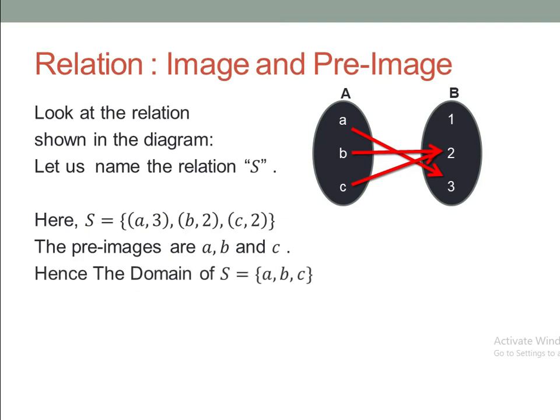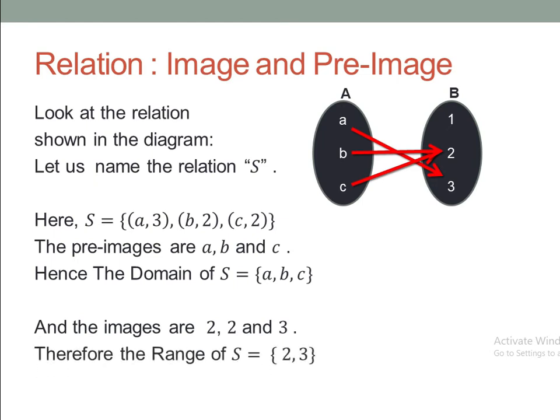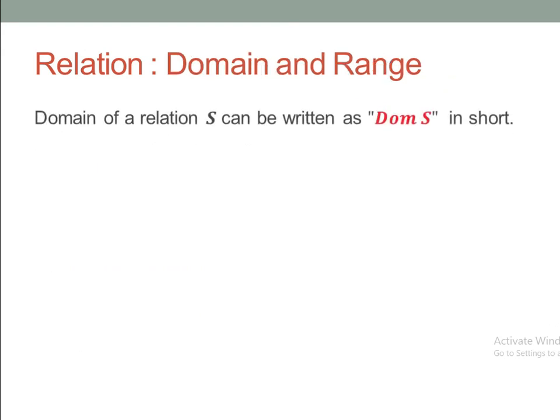Hence, the domain of S is {a, b, c}, because we know that set of all pre-images is called domain. And look at the images. The images are 3, 2 and 2. Therefore, the range of the relation is {2, 3}.